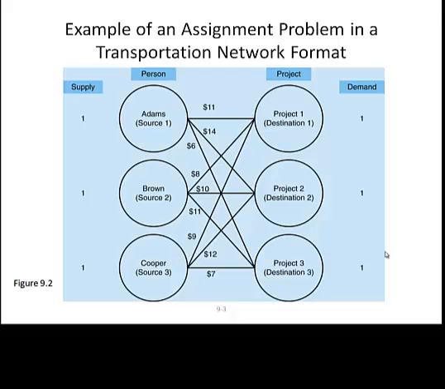Now, in other problems, you may see this demand change, or you may see the supply change. But in this case, we have our 3 people and our 3 projects. And then, as you can see, the assignments and the dollar value associated with that person being assigned to a particular project.